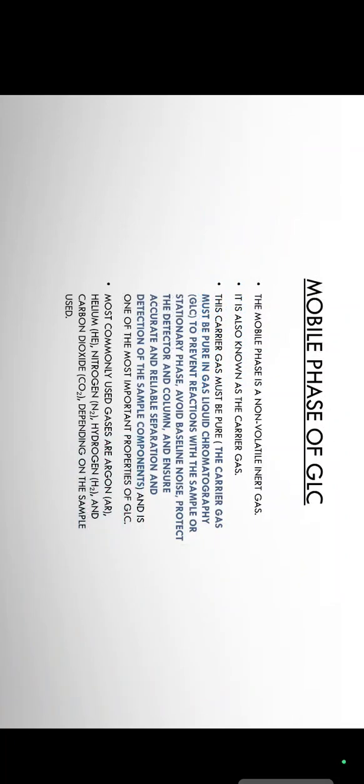This is the mobile phase of GLC. The mobile phase is a non-volatile inert gas, also known as the carrier gas. That means it carries the components which you are going to separate out, and this carrier gas must be pure.